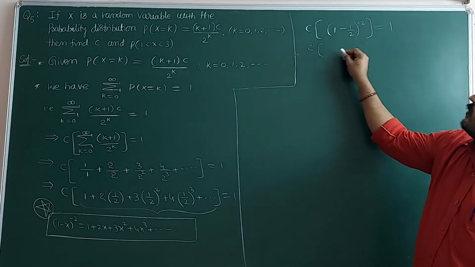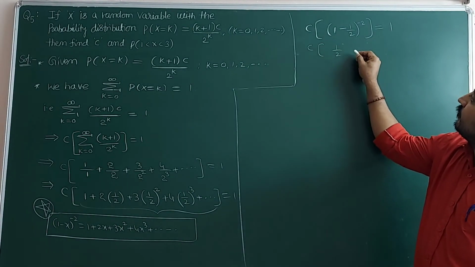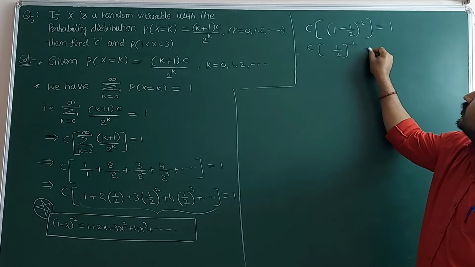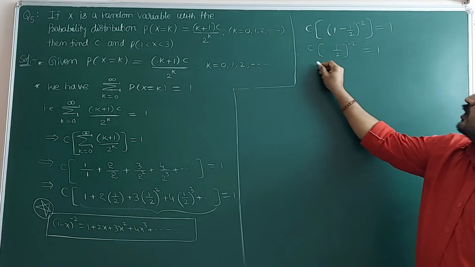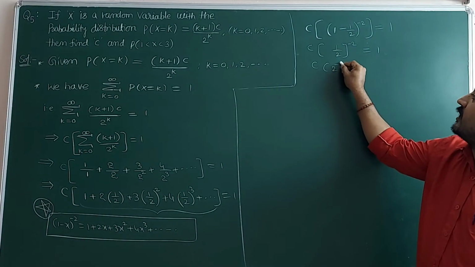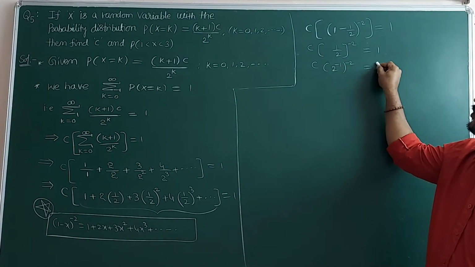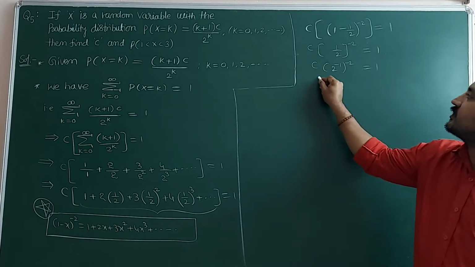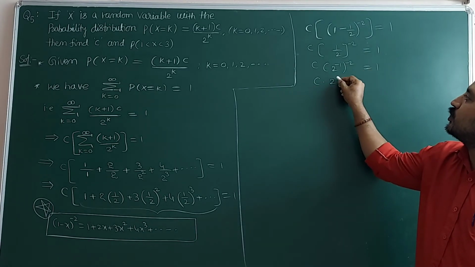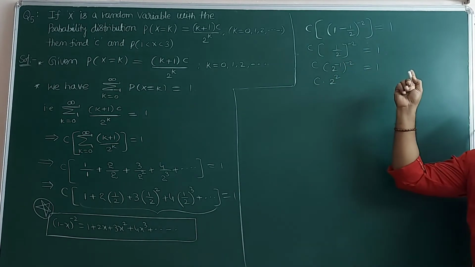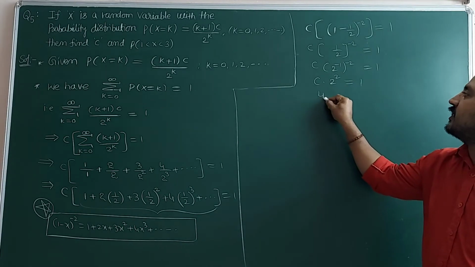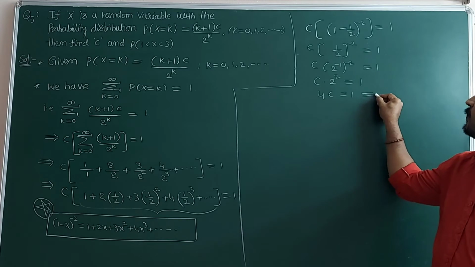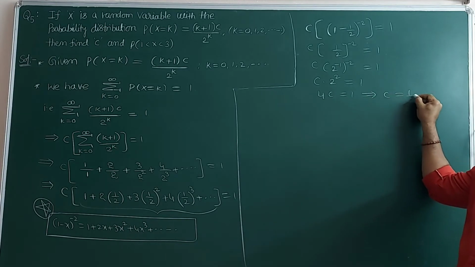C into (1 minus 1 by 2 is 1 by 2) whole power minus 2 is equal to 1. 1 by 2 is 2 power minus 1 only, no? C into (2 power minus 1) whole power minus 2 is equal to 1. So c into 2 into 2, 2 square, using (a power m) whole power n is a power mn, is equal to 1. So 4c is equal to 1. That implies c is equal to 1 by 4.